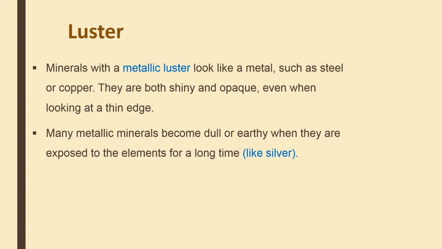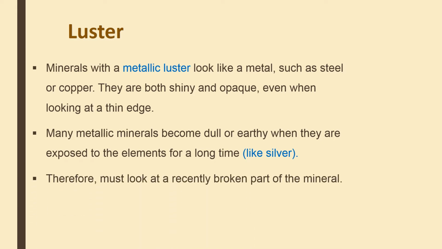You can bring them back to their shiny state when you wash them or add some chemicals to them. But some elements like gold don't get rusty. Therefore, you must look at a recently broken part of the mineral to see the real luster of this mineral.